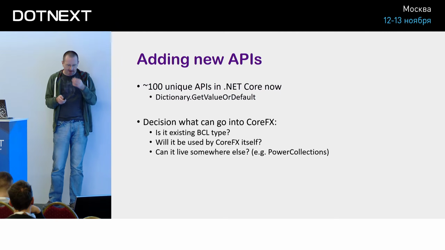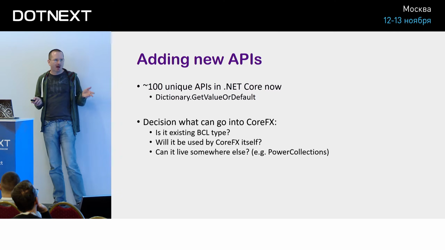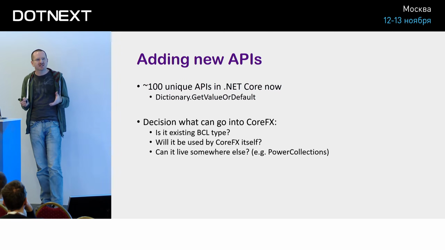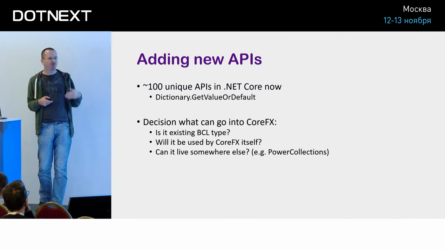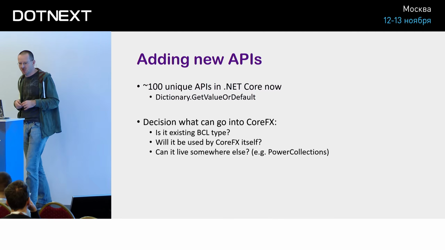So having a CoreFX extensions repo, a playground for the community, overseen by a couple of community people, might be very interesting. It creates a place where people can collaborate easily. They don't have to build their own community and their own NuGet package from scratch.